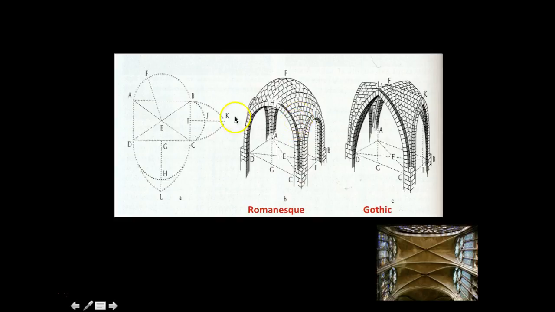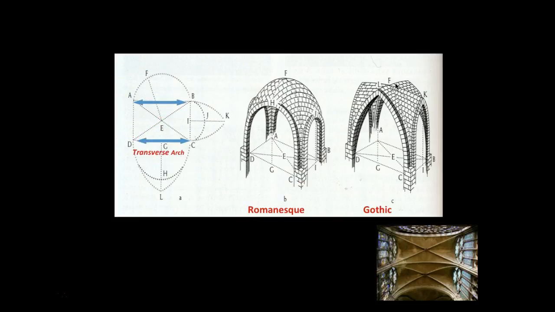So we've got A, B, C, D with E in the center for both. Then we can see the height is H of the arch, and the top of the vault up here is F, and same thing here, and it just takes it to a new level.